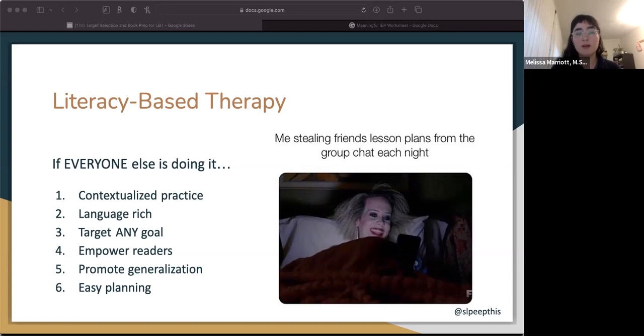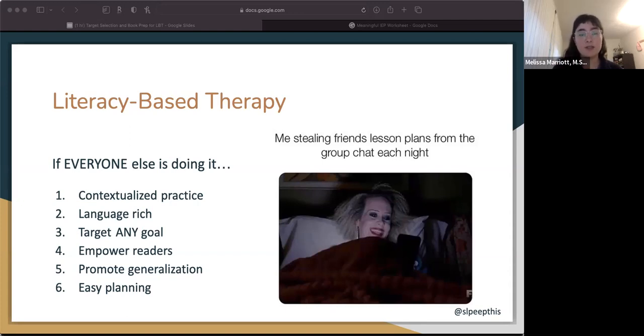But for the most part, I still use literacy-based therapy. That doesn't necessarily mean picture books in all of my sessions. Sometimes it's expository text and we're doing science and science experiments, but everything that I do for the most part is text-based in some way, shape, or form.